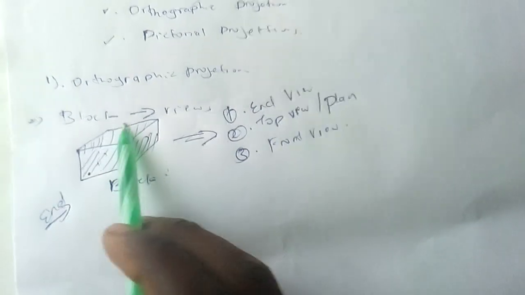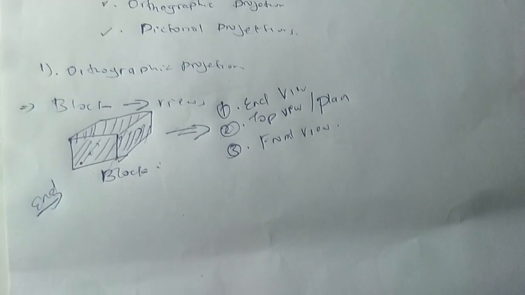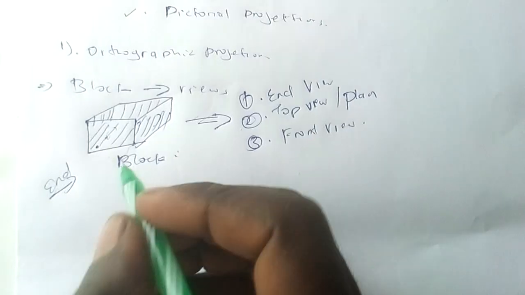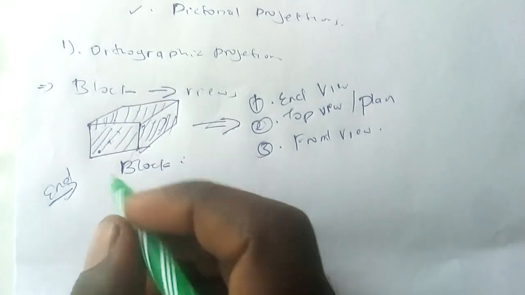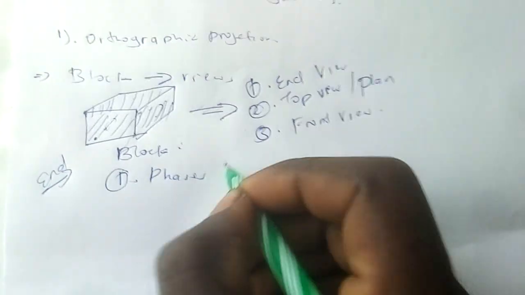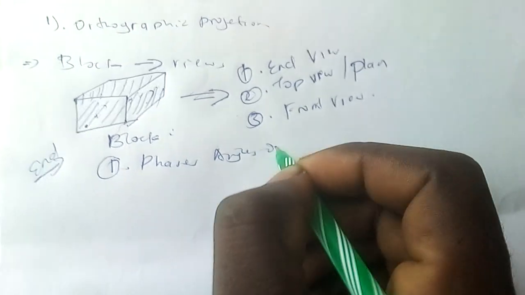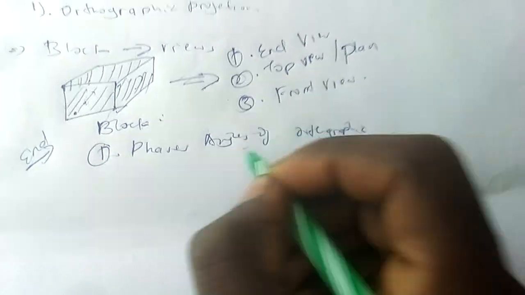These are the views. Now, there are things you have to know under orthographic projection, which are the face angles of orthographic projections.